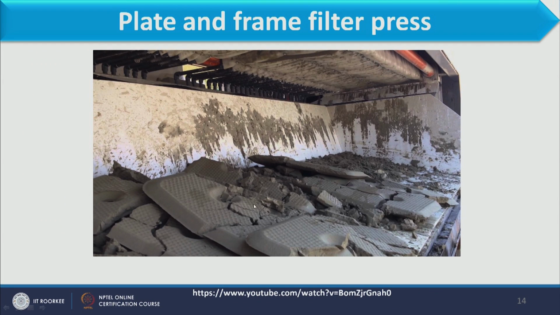If you see this figure, this is the form of cake which is deposited on each filter cloth, and you understand that filter cloth is available at both sides of the frame. So cake formation occurs at both sides of the frame.